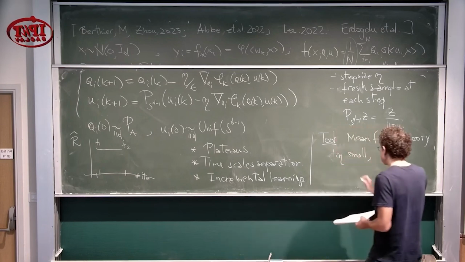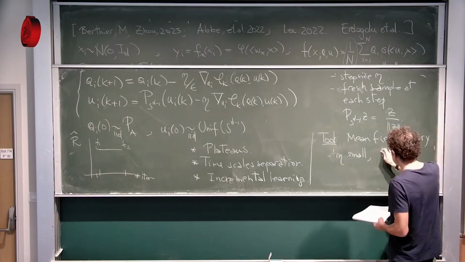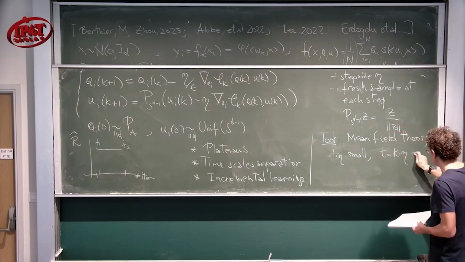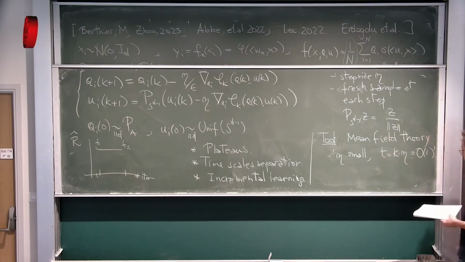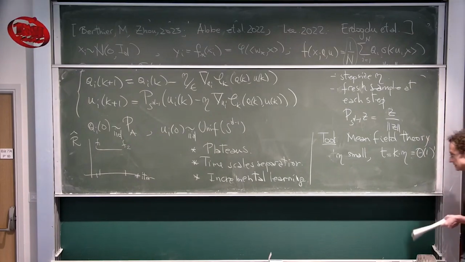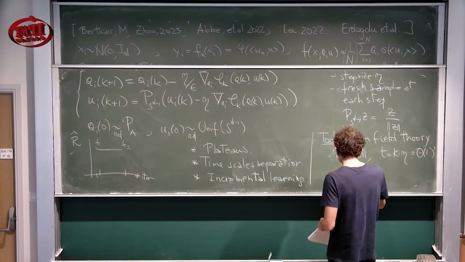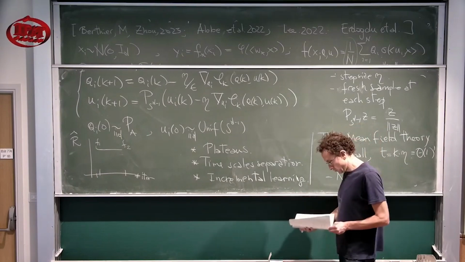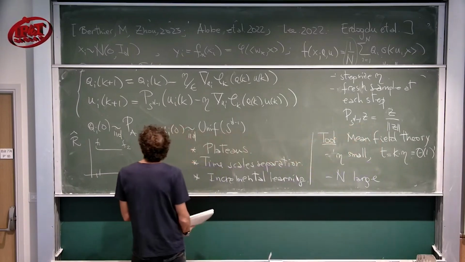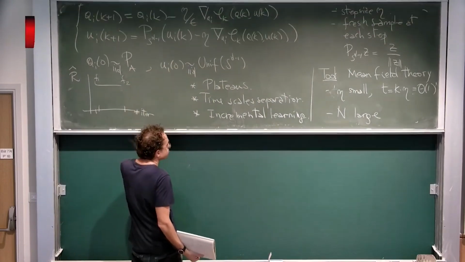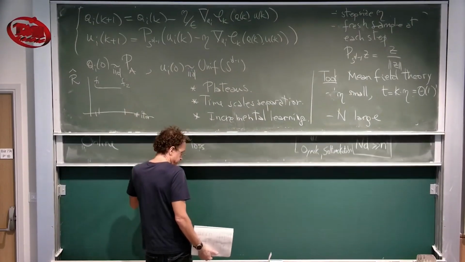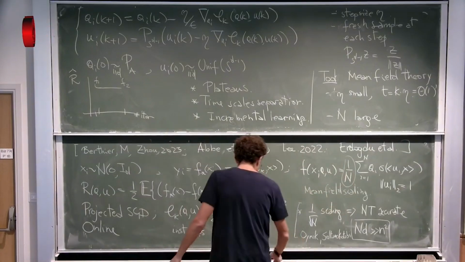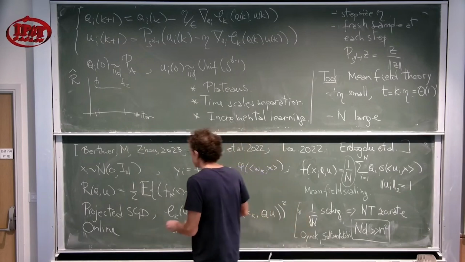So I'm doing small step size while keeping the number of steps times eta constant, and large width. This kind of theory result.